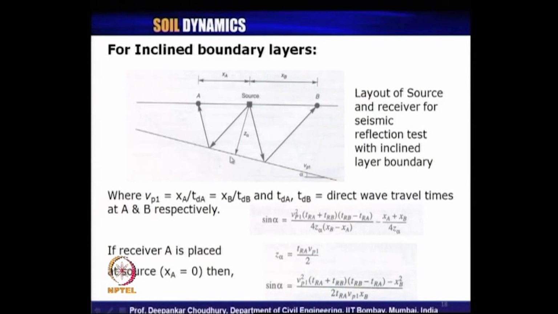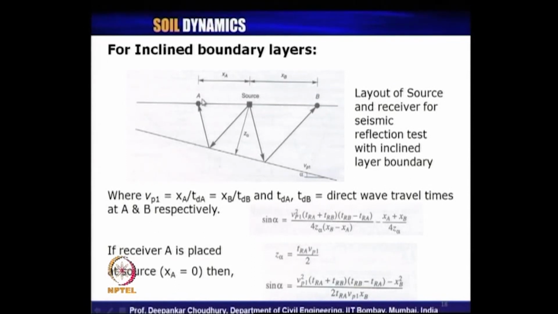And alpha is the inclination of this layer with respect to horizontal, and VP1 is the primary wave velocity of this top layer. Then VP1, if we talk about the direct wave, will equal this distance divided by the time taken for the direct wave to arrive at station A, and the time taken to arrive at station B. They must be equal to VP1; they must equate each other.